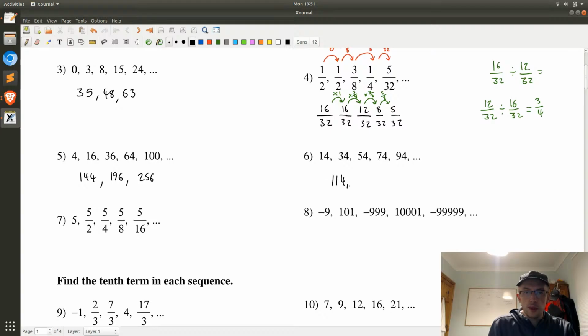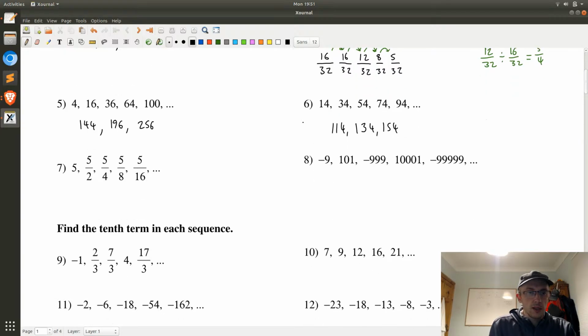So 114, 134, 154. And here, well, this is secretly 5 over 1. So next it would be 5 over 32, 5 over 64, 5 over 128. It's going up in powers of 2 in the denominator.